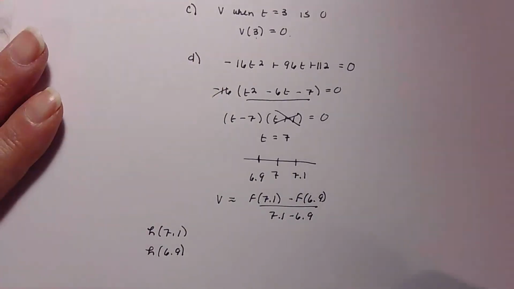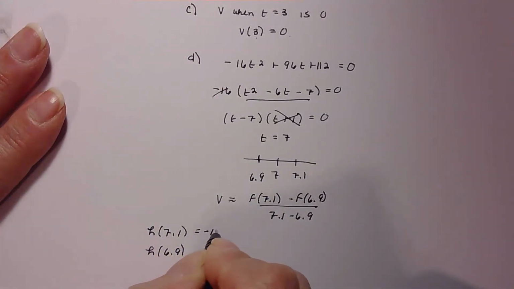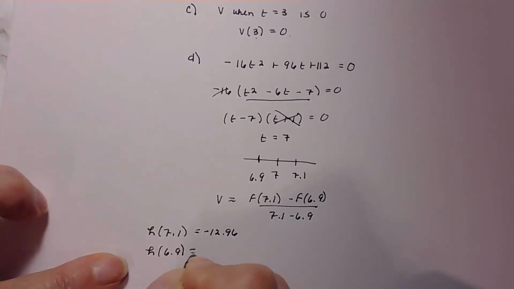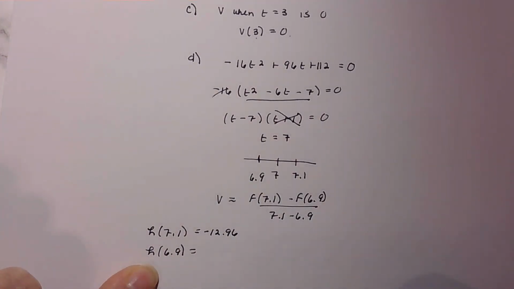We have negative 16 times 7.1 quantity squared plus 96 times 7.1 plus 112, and we get negative 12.96. When I compute the second one, I'm just going to enter 6.9 and hit enter, and this is 12.64.